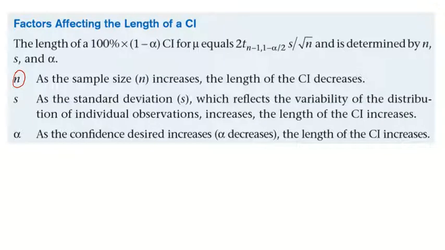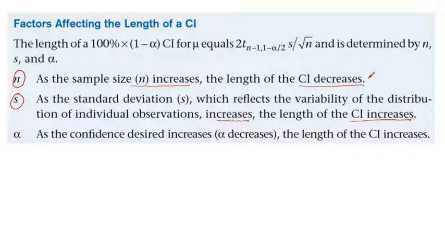As your sample size becomes bigger, the length of your confidence interval decreases. What does that mean? It becomes more and more accurate. Okay? Because it becomes narrower. Now, what about on your standard deviation? As the standard deviation, which reflects the variability, increases, the length of your confidence interval also increases. So the greater the spread, the longer your confidence interval will be.